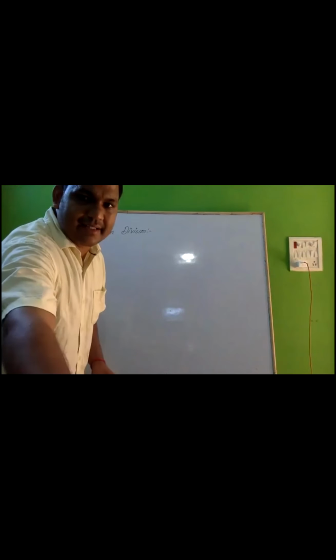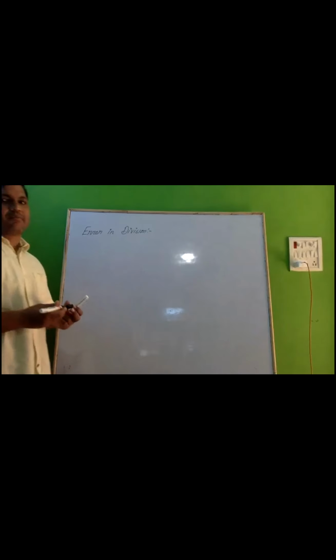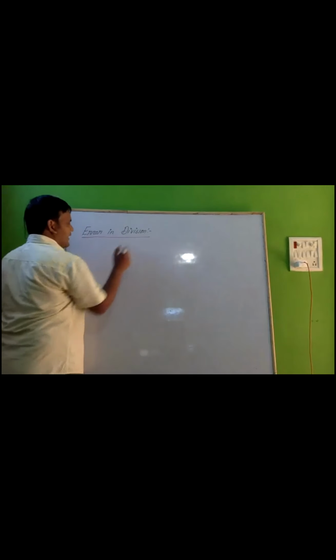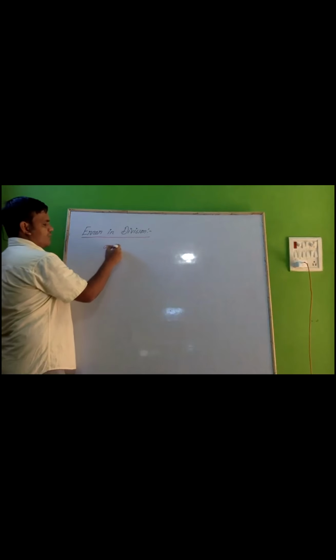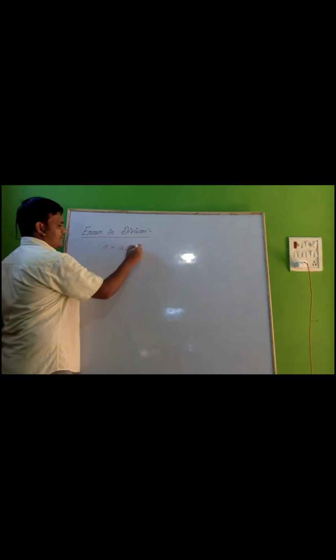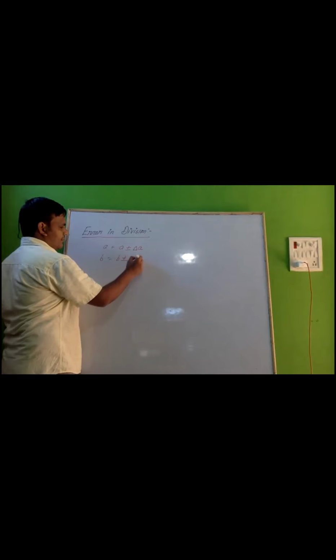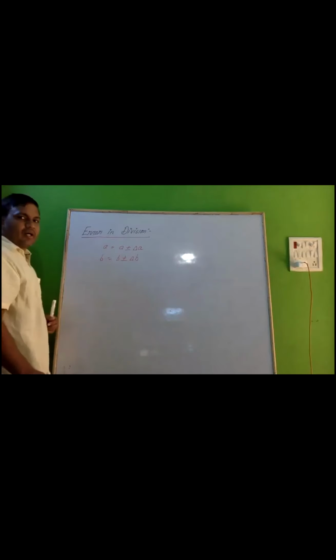Let's join and let's basically try to understand what I'm going to say. Okay, error in division. So let's say we have two readings, A is equal to A plus minus delta A, and B is equal to B plus minus delta B. Okay, and what you are willing to find?